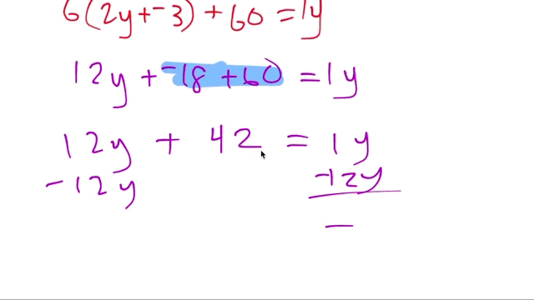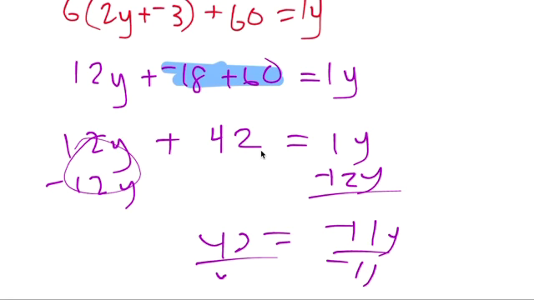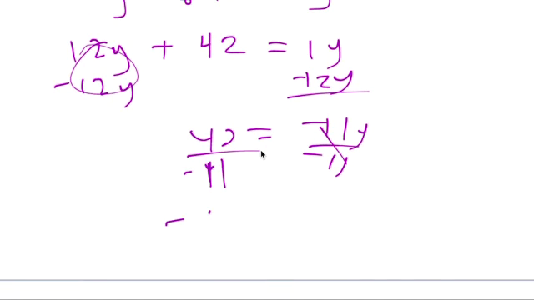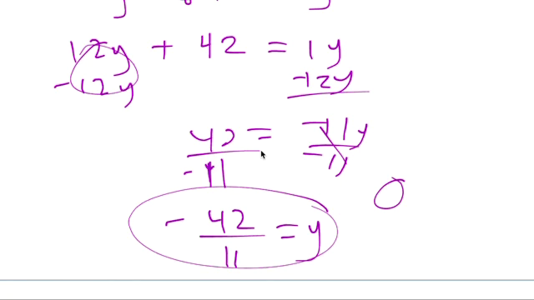You get negative 11y. Then divide by negative 11. Can't go in evenly, so your answer is just negative 42 over 11, and that's one solution, right? That's how you do that.